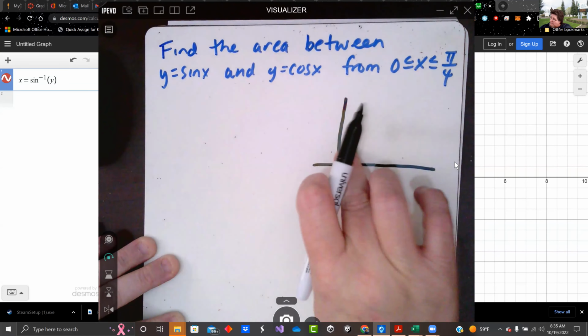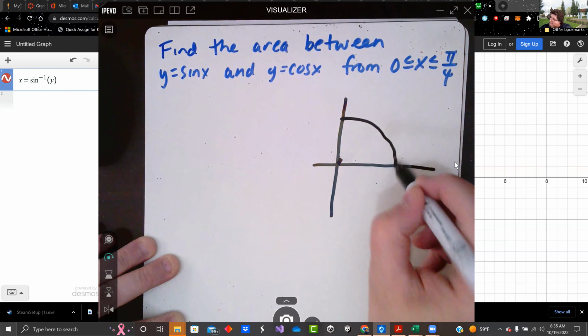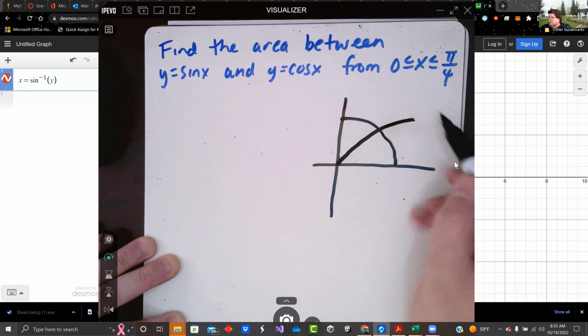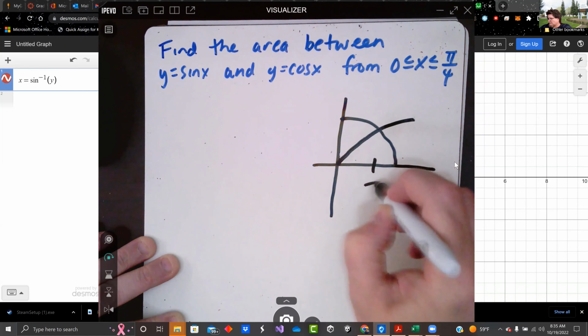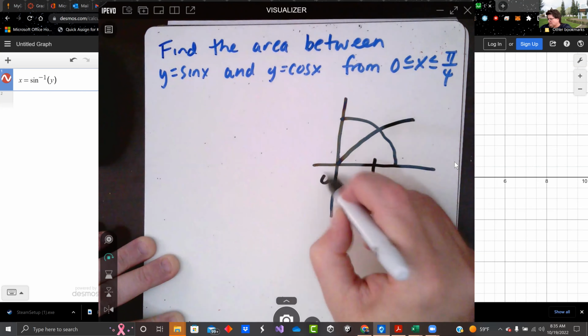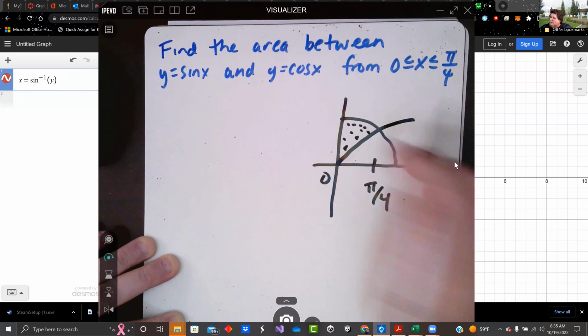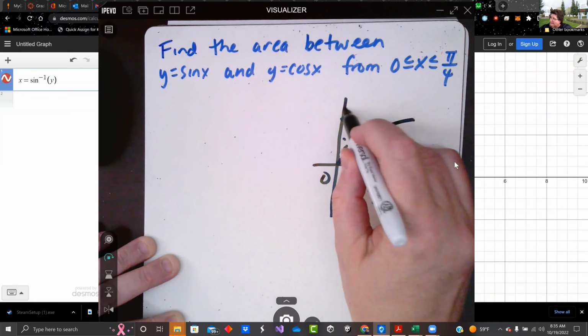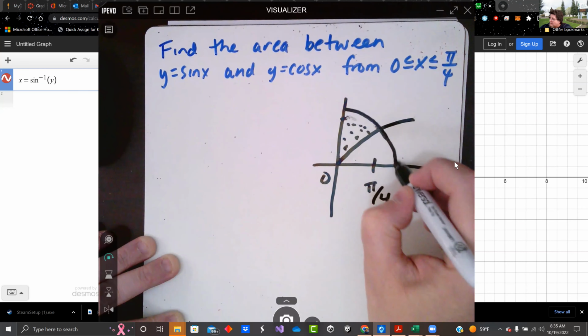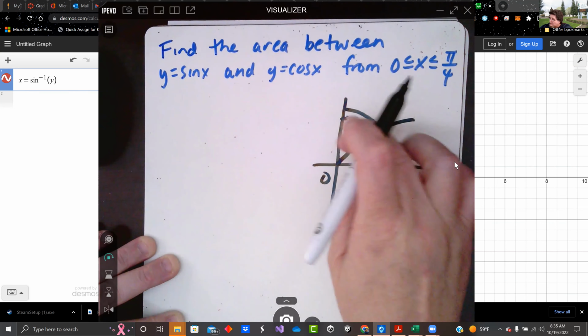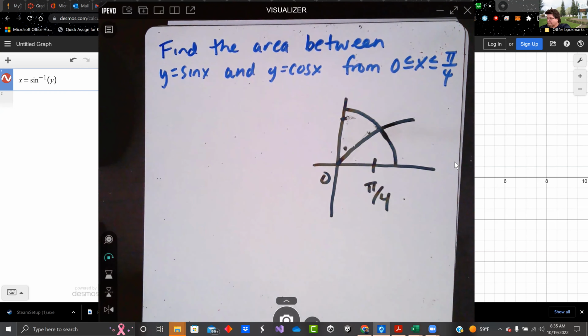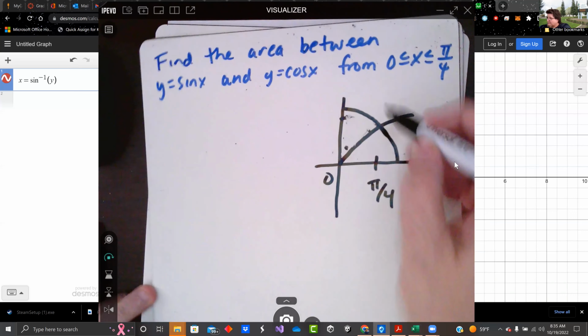Let me make it smaller. I guess the curve would look a little bit better like that. So this region, we want that area.